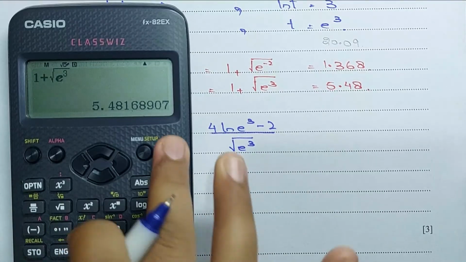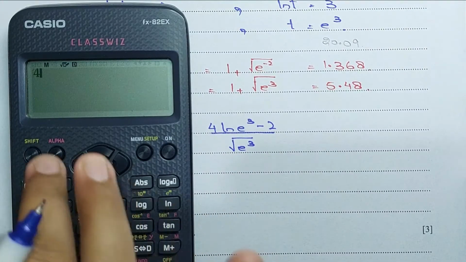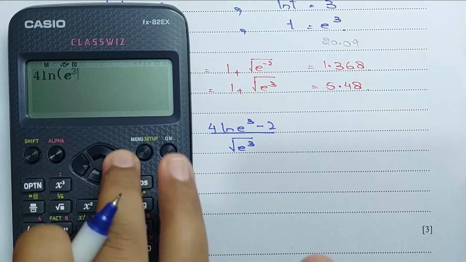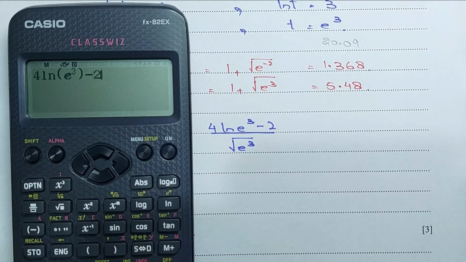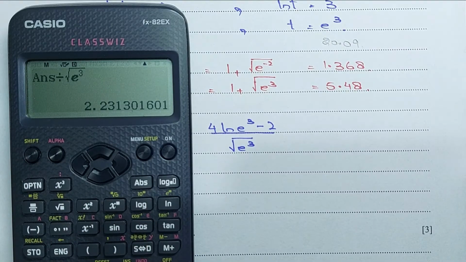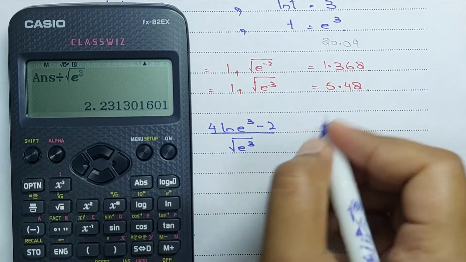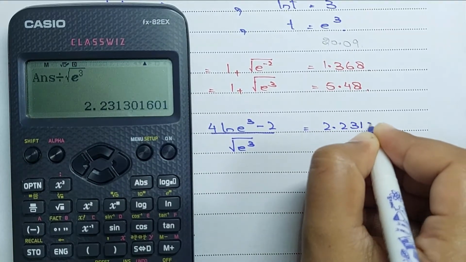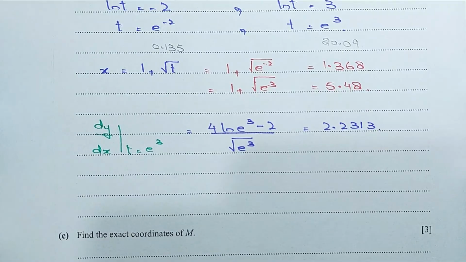Let me simplify. 4 ln e cube minus 2 divided by square root of e cube. This is 2.2313, or you can find the exact value only.